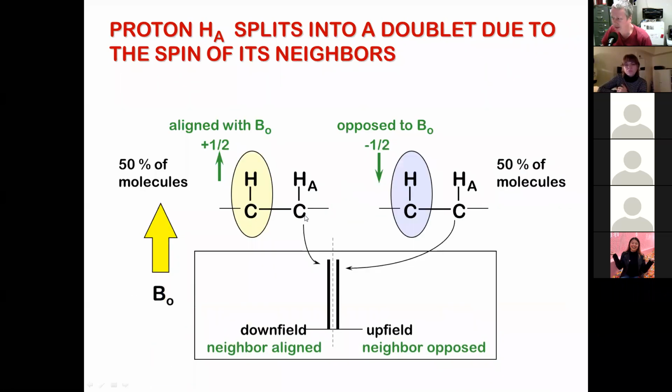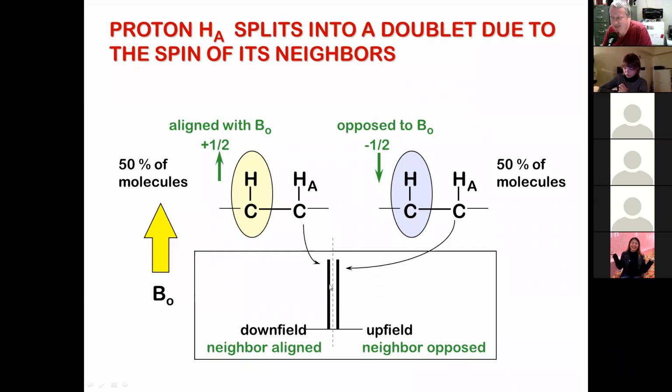So let's talk about HA. HA, of course, is a doublet, right? The reason that HA is a doublet is because when I consider HA, its neighbor, which is a single CH, can either be aligned with the magnetic field or opposed.